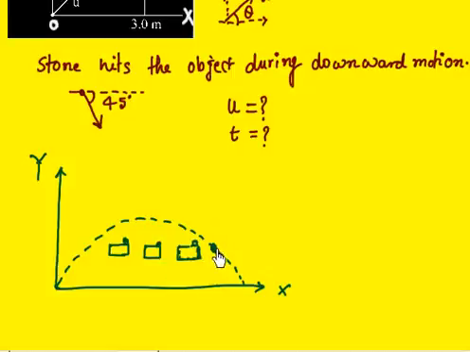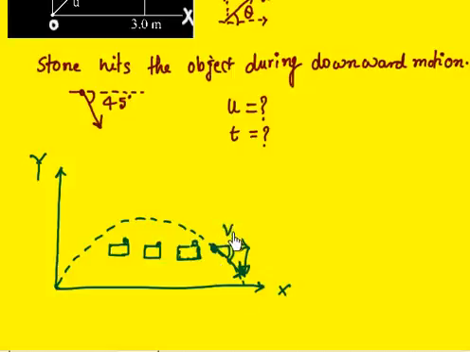At this point it is moving in this direction. So let us say the stone is coming here and hitting. If you see, this is the velocity of the stone. And the question says the velocity of the stone makes an angle of 45 degrees with the horizontal. So this angle is given to you, 45 degrees.